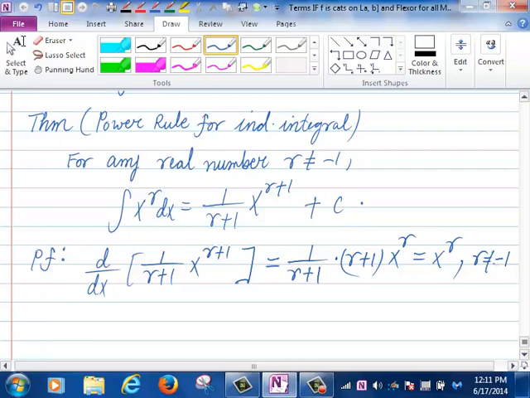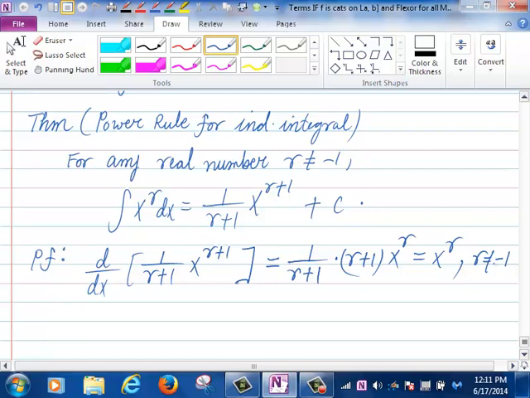So you might say, well, what happens when r is -1? What's the indefinite integral of x to the -1? The answer, you have to wait till we go to calculus. I don't want to destroy what you're going to see there, but it's basically the natural log of x.